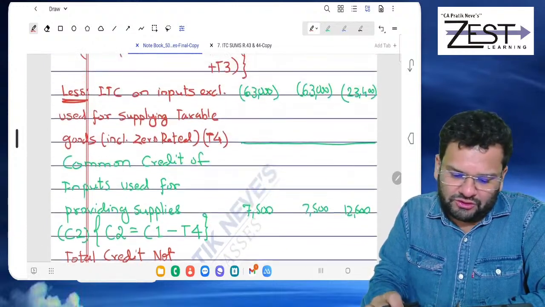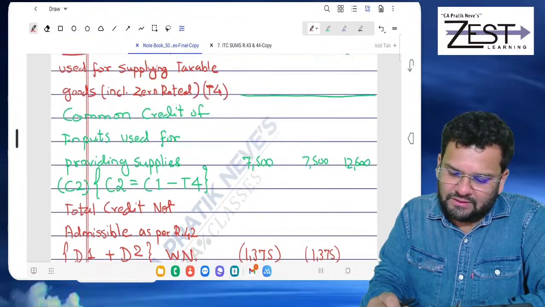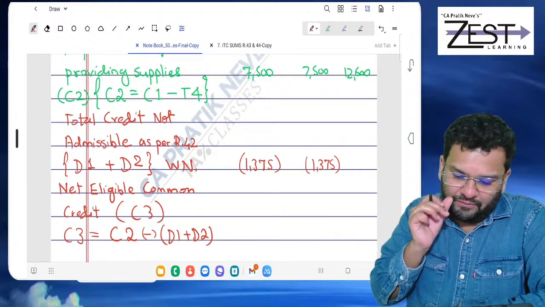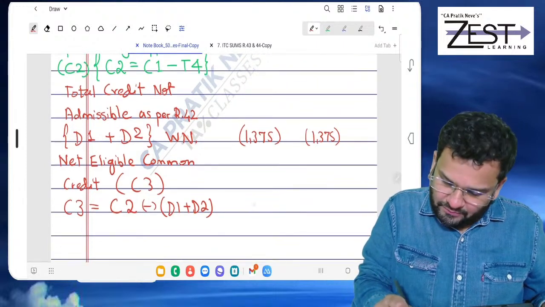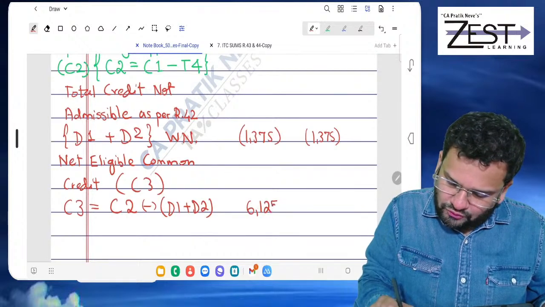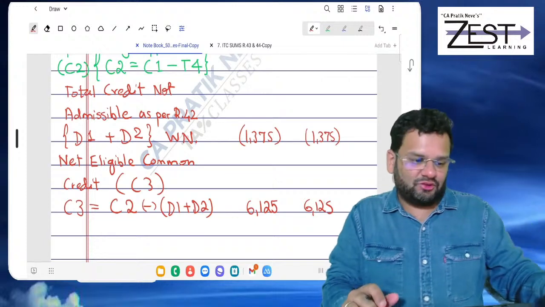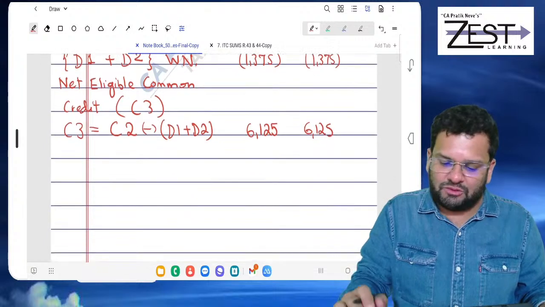Let's check what is your C2. Your C2 is 7,500. So 7,500 minus 1375. So are you getting 6125 each?